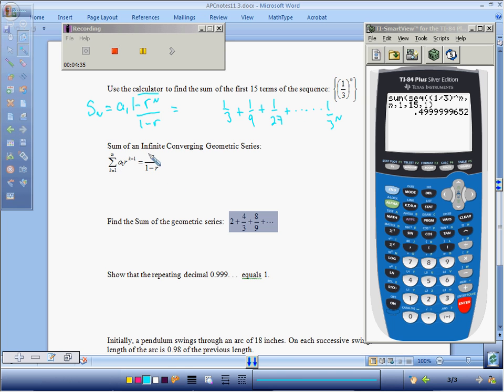This formula is kind of scary looking, but all it means is the sum of all the terms. You can find the sum of all the terms of a converging geometric series, and you can tell it's converging if the numbers you're adding are getting smaller and smaller.